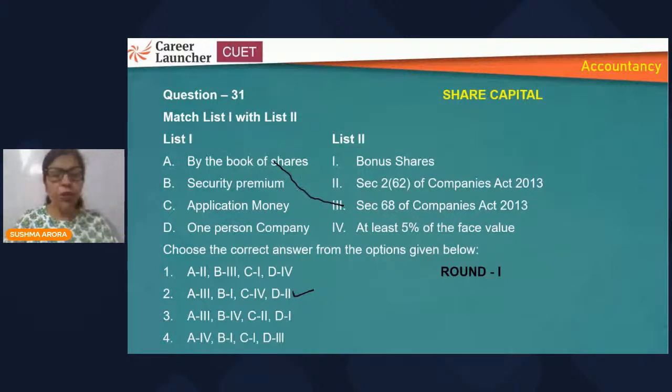Securities premium can be used for bonus shares. Application money at least 5%, and 1% company according to section 262. So answer 2 is correct. Answer 2. Now see 32.